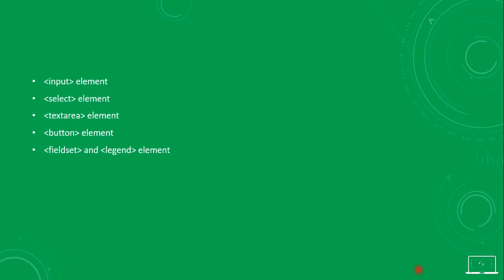The various form elements used in the form are input element, select element, text area element, button element, field set and legend element, data list element, and output element. Let us take a look at each one of them now.